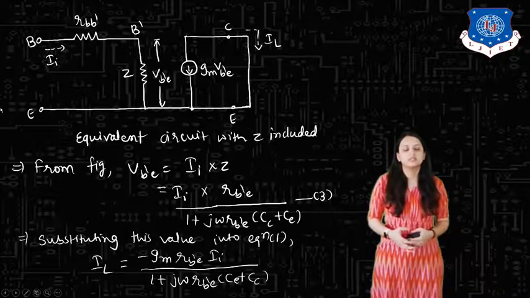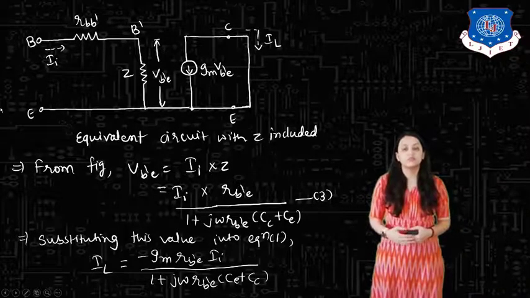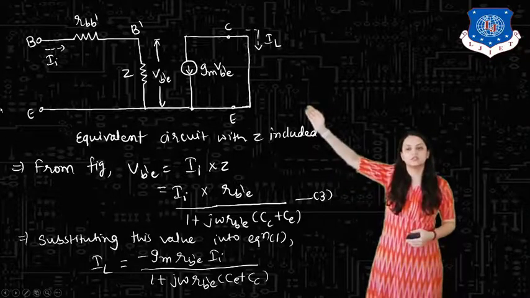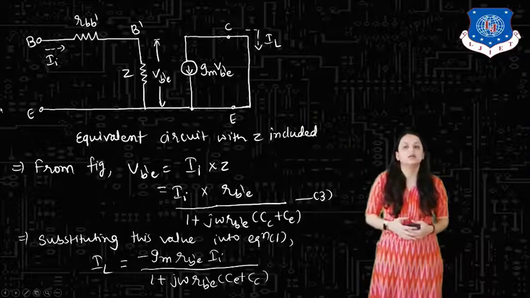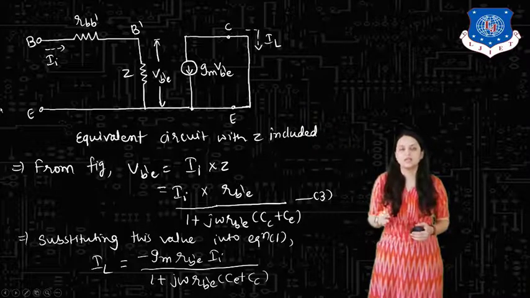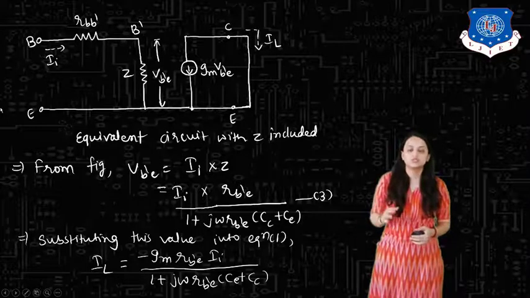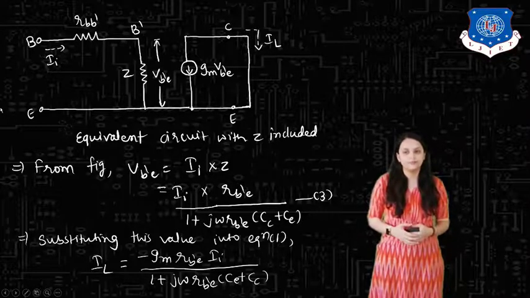Now let us consider this equivalent circuit with Z included. So here as you can see in this circuit, Z is included. Other things will remain the same, that means resistance RBB', input current, gm VB'E current source, IL will remain the same.